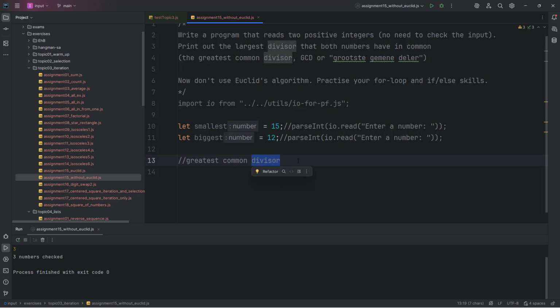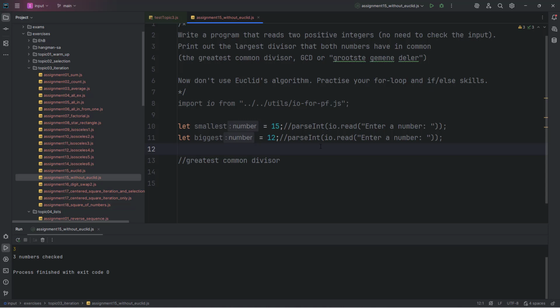Divisor. If you want to know what a divisor is, that's basically all numbers that divide the given number. So when there's a zero remainder. Let's do this for the smallest to begin with. First of all, you might see that I have given 15 as the smallest and 12 as the biggest.